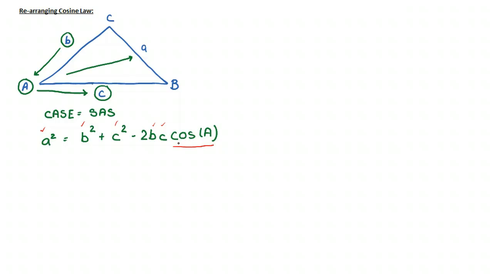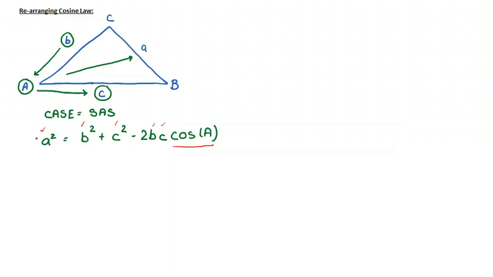So again, what mathematicians tend to do is that if something happens enough, they tend to like to come out with a general case, and then they can apply that general case with less work on a more regular basis. So what we're going to do is rearrange this equation so that cos A is isolated. A couple ways you can do this.